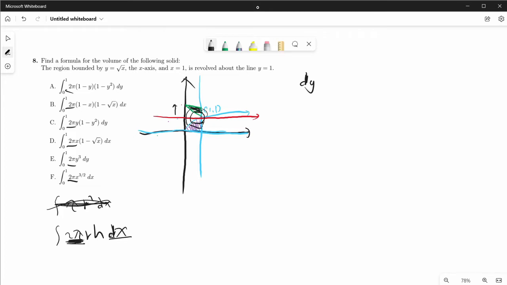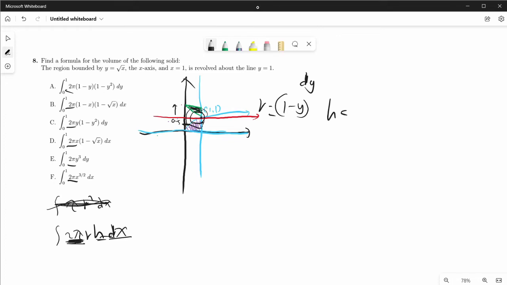The radius would be the distance of the y value away from y equal to 1. Since our function is here, the radius would be 1 minus y. So if y is 0.4, then 1 minus y, the radius, will be 0.6. So we get r is that, and then h will be the height of the cylindrical shell.